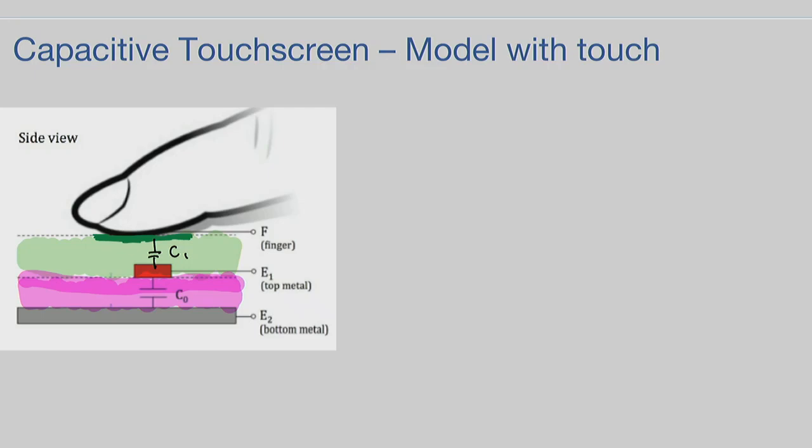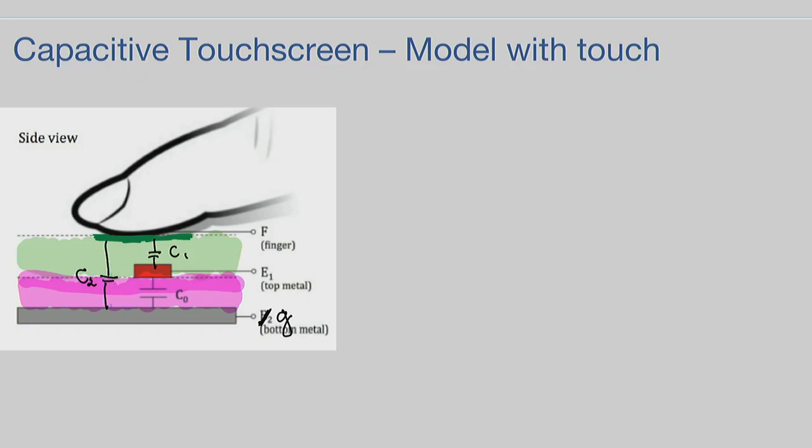And then, because our finger is much bigger than the structures that we have, there will also be a capacitor formed between the finger and the bottom metal plate, which I'll call C2. I'm going to call this G, just because it's easier to draw.